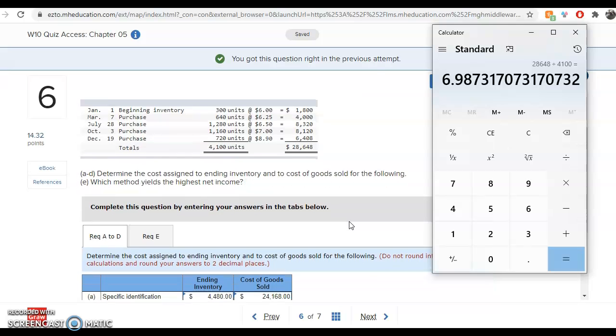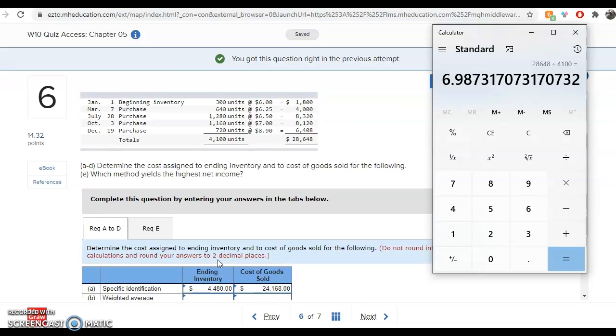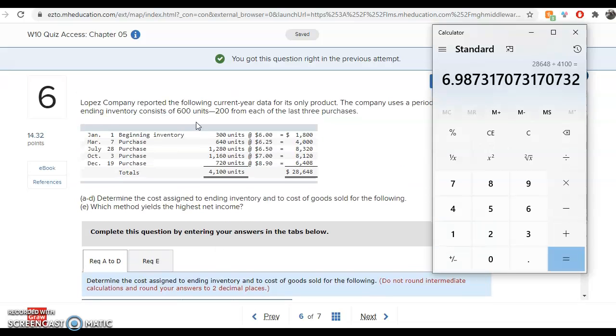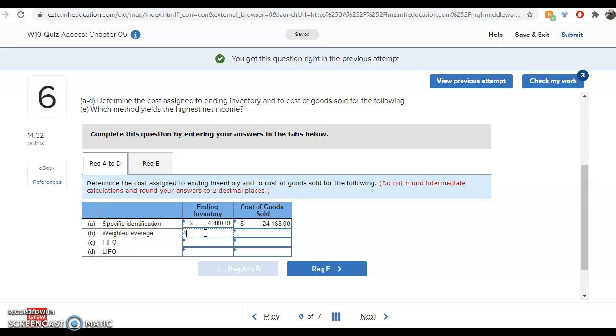With that, we figure out our ending inventory first. We have 600 units, so we take this and multiply it by 600, and we get 4,192.39. I'm going to type that in here.